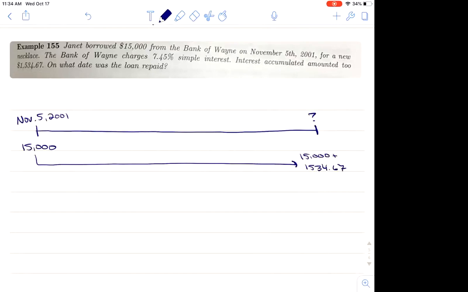So you could either use the amount of interest, that's a nice one to have, or you can use the future value. The future value then must be $16,034.67. Remember, the future value is just the principal plus the amount of interest. Right?